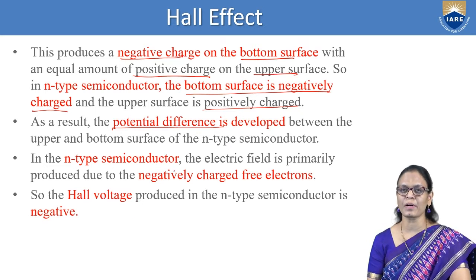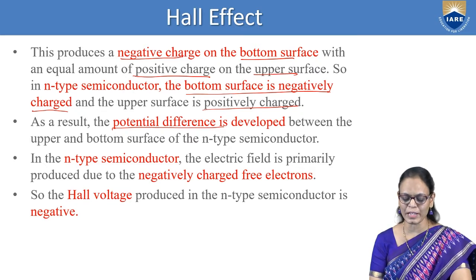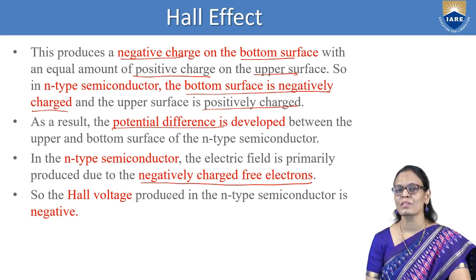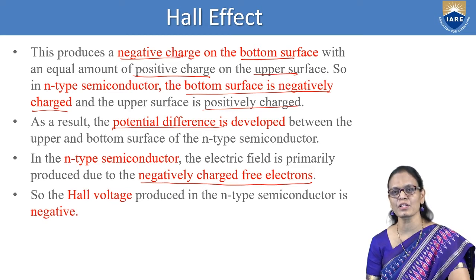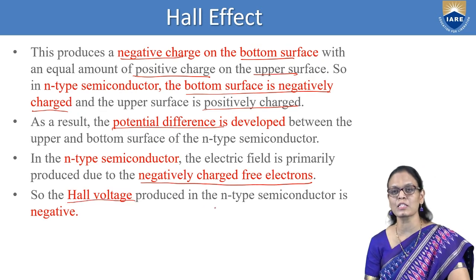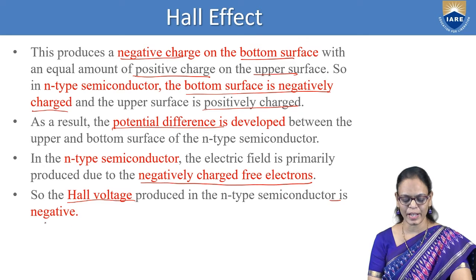So in an n-type semiconductor, the electric field is primarily due to the negatively charged free electrons, because the majority carriers are electrons. Now, the Hall voltage that is produced is negative.